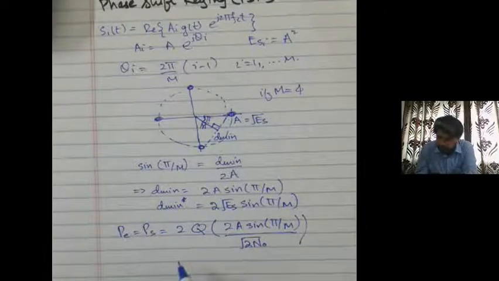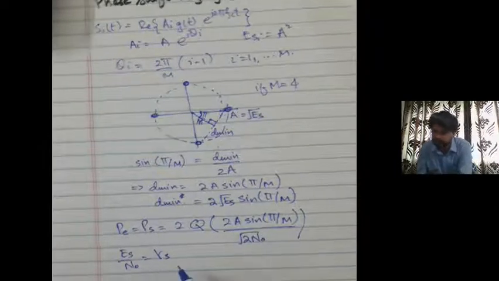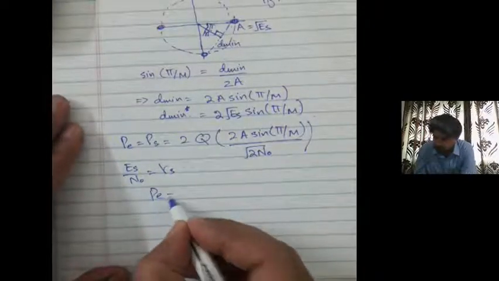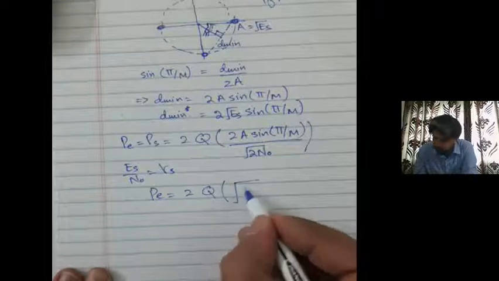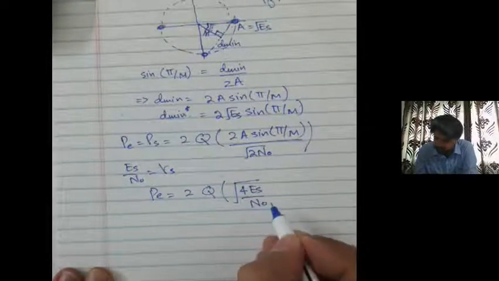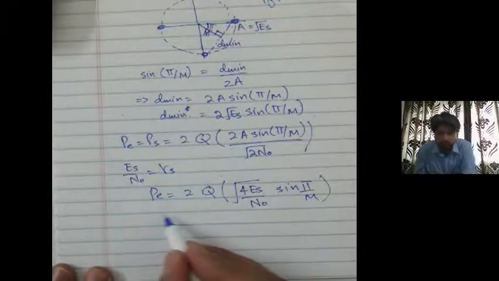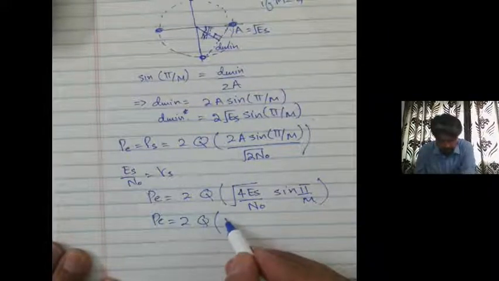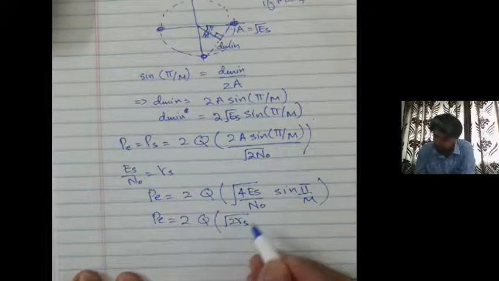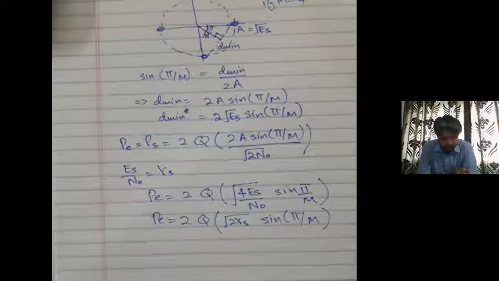And then if you define Es over N0 to be your gamma s, then your symbol error probability can be written as 2 times Q function of root of 4 Es over N0 times sine of pi by M. In other words, you have a symbol error probability equal to 2 times Q function of root 2 gamma s times sine of pi by M. So this can be an approximate symbol error probability equation for phase shift keying.